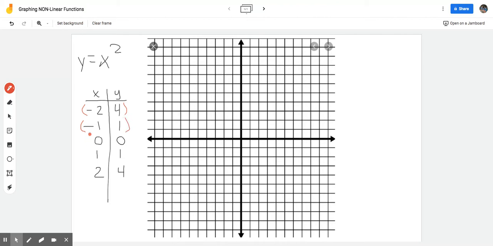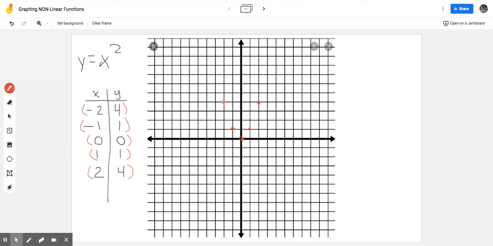That's what you're doing. You're actually graphing each one of these. And so that's what I'm going to do. So -2, +4. -1, 1. 0, 0. 1, 1, and then 2, 4.